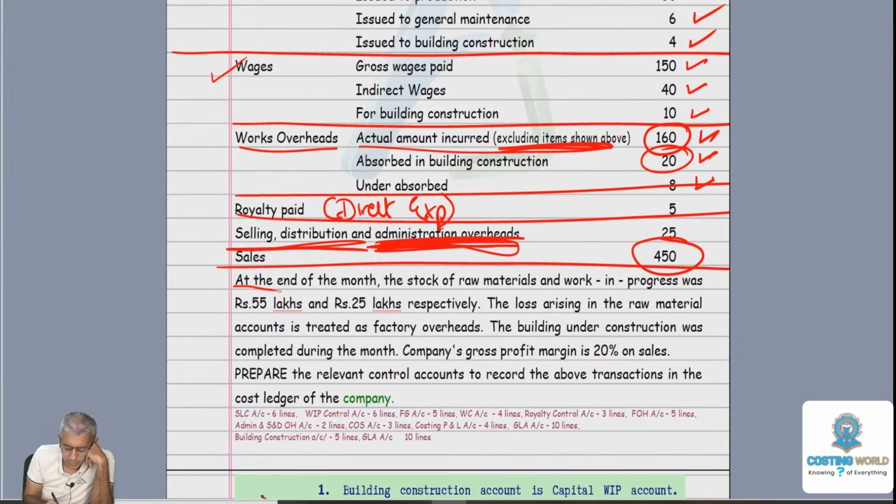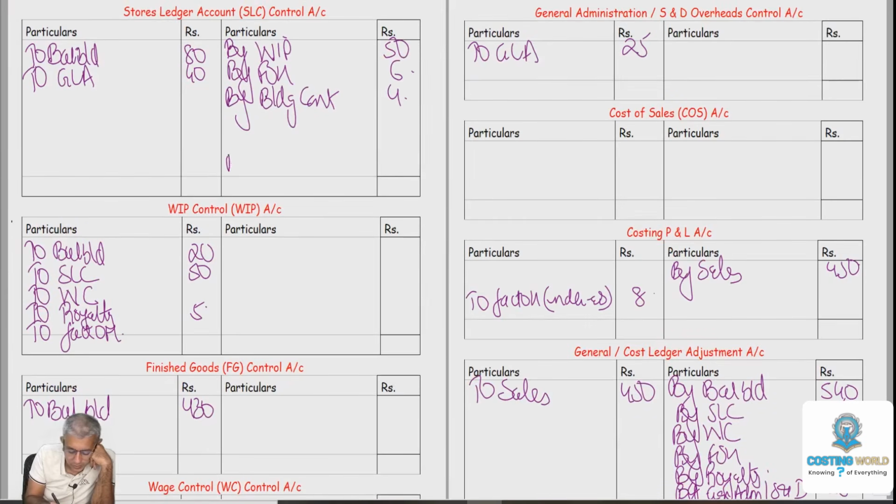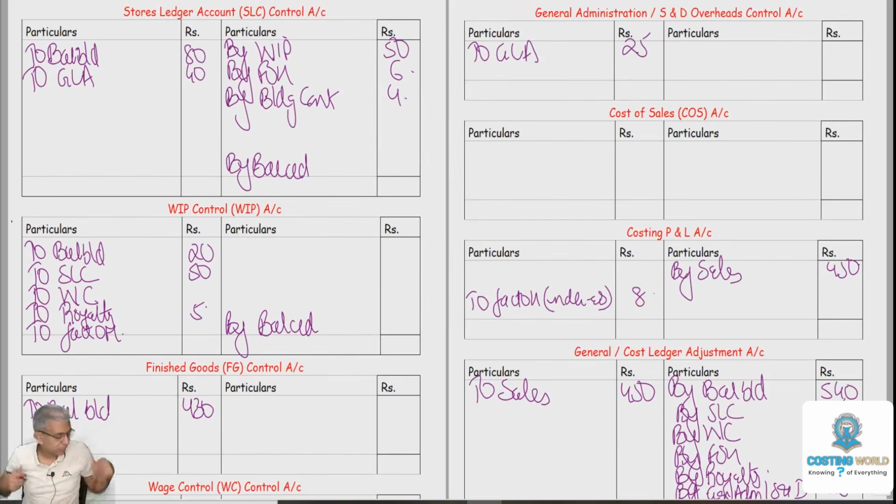Further, at the end of the month, the stock of raw material in WIP was 55 lakhs and 25 lakhs respectively. Can you say both of them are your closing stocks? Okay, so on the last line of SLC account, no, you all write down by balance carried down. On the last line of WIP account, you write down by balance carried down.